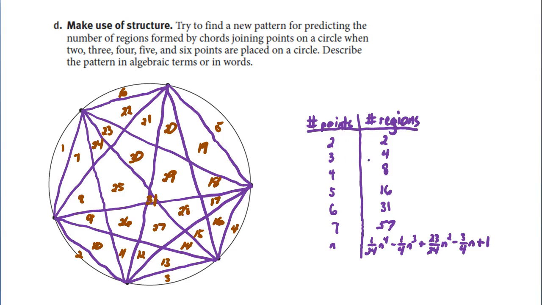I've copied from the previous chart a lot of the information, but notice for 6 points, instead of 32, I filled in the correct result of 31. If I was to make a circle with 7 points and find out the answer, it turns out to be 57 regions. So with these additional values, I can work again to find a pattern.